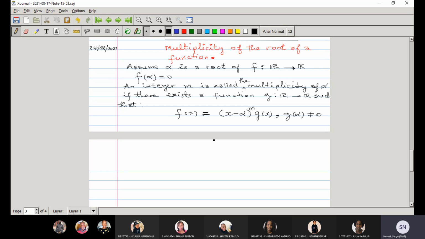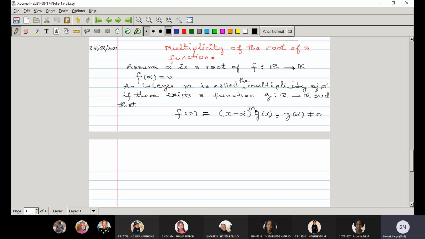Why is it the smallest? Because if I square this, for instance, you see that this will become 2m. If I substitute f of x at alpha, it will still give us 0, but that m will not be the minimum.